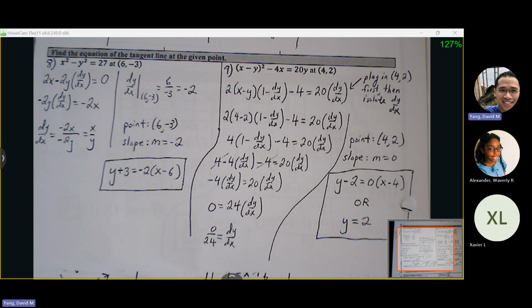What happened to the 4? Oh, yeah, -4. Okay.